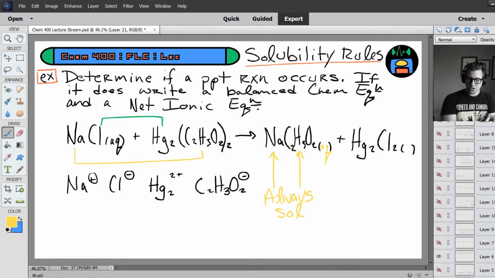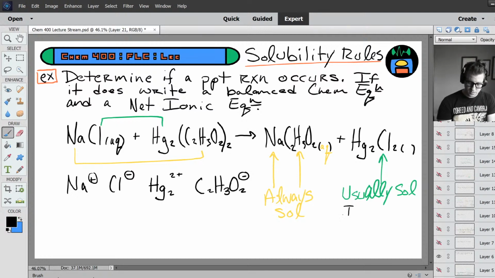Now, Mercury 1, we don't know a ton about, but we do know that chloride is usually soluble. It's insoluble when you pair it with silver 1, mercury 1, or lead 2.